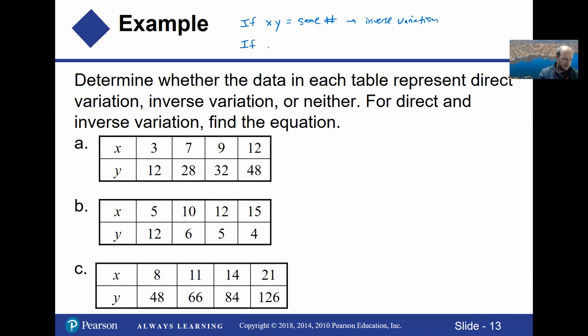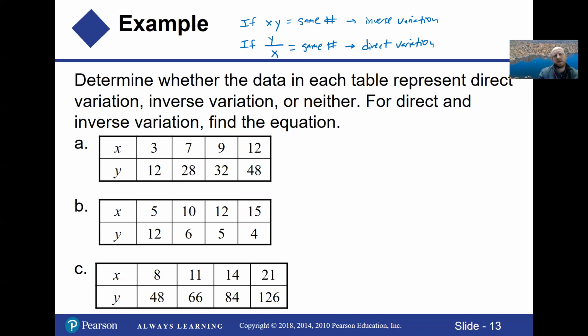If all of your y divided by x values give you the same number, then that's going to give you direct variation. And I know this is a little backwards.